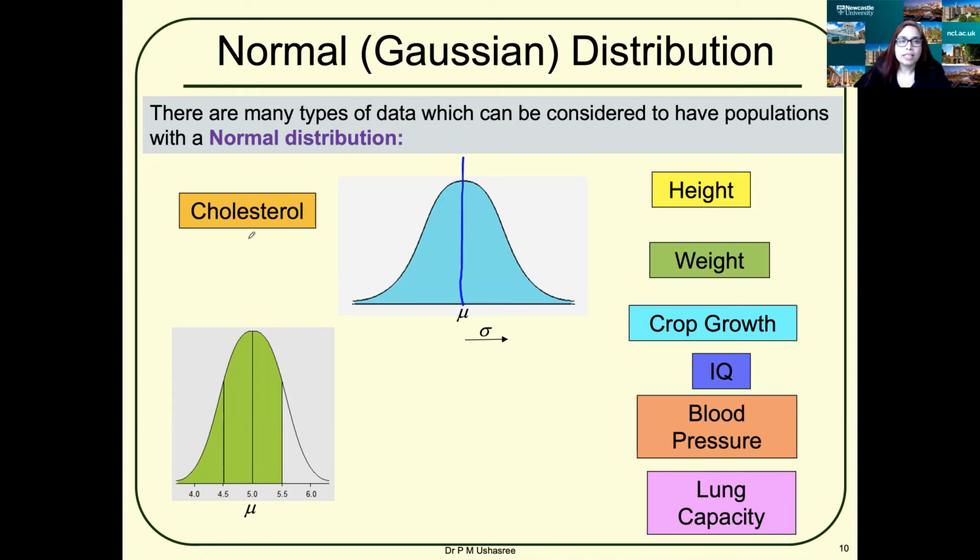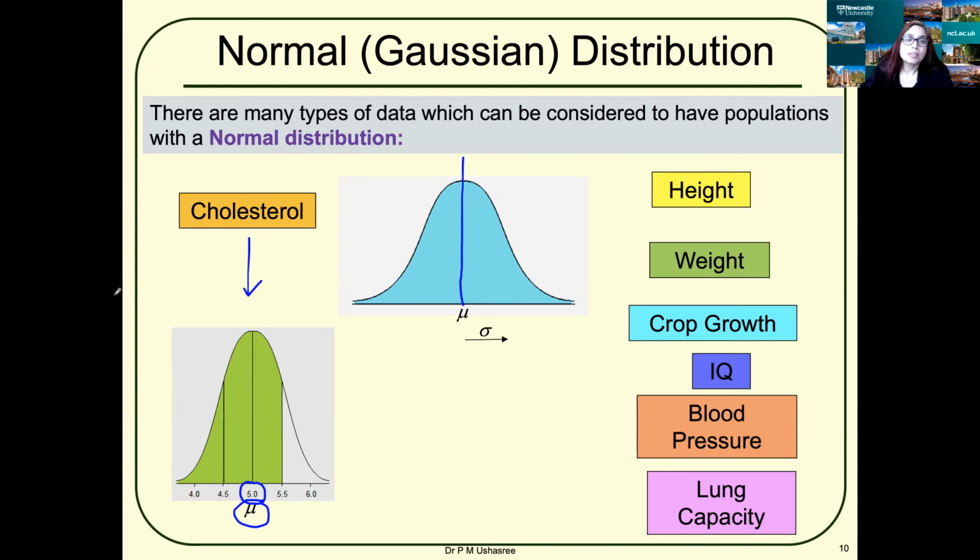Now let's take the cholesterol example. Consider that the population mean is 5 units for the cholesterol example.